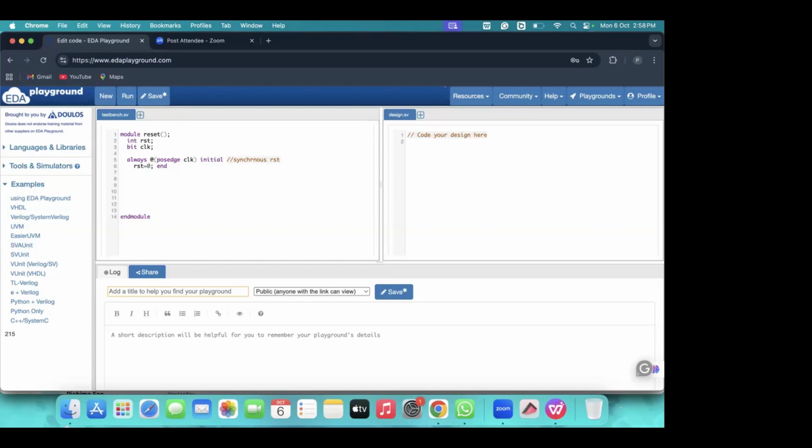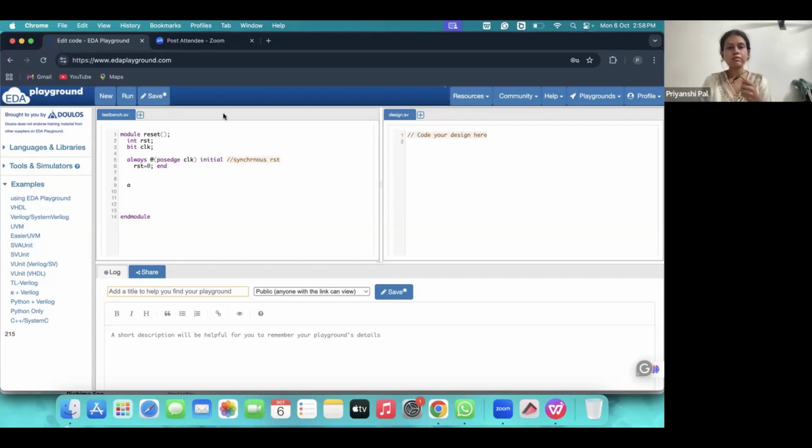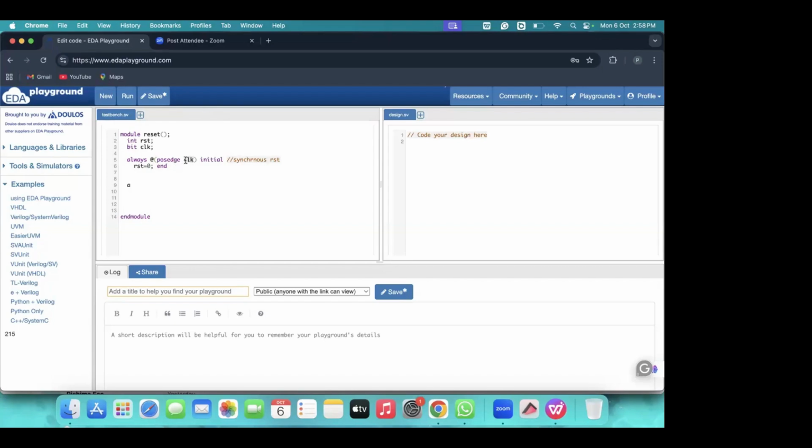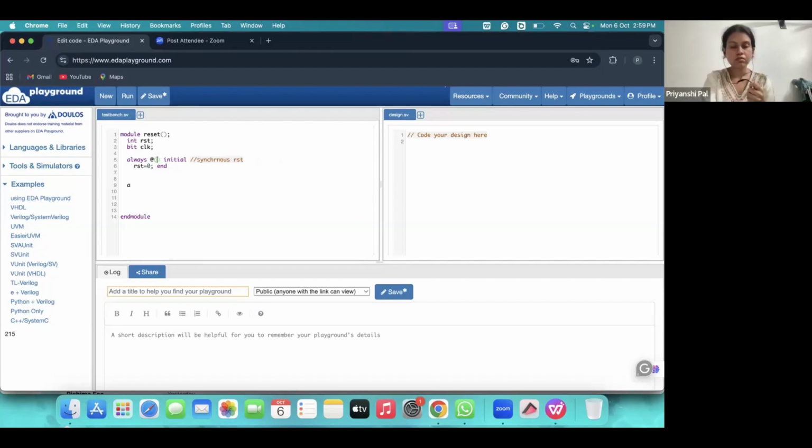So why is this a synchronous reset? Ma'am, because it is using a clocking edge. Okay, you can change the always block to show the asynchronous. Ma'am, asynchronous reset is basically independent of the clock signal.